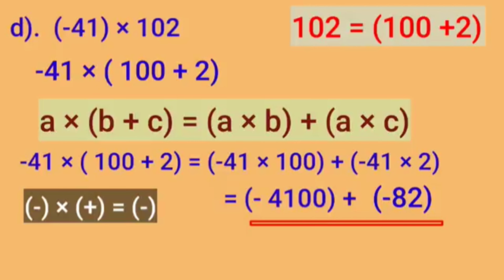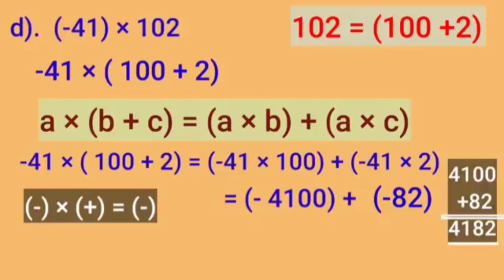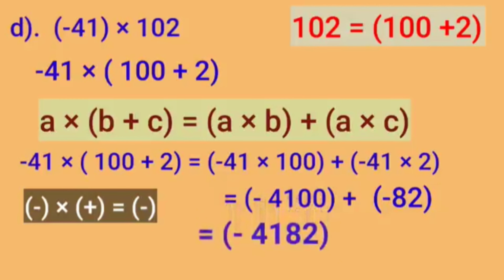Here both the numbers have the same signs. So add their absolute values and write the same sign in the answer. 4100 plus 82 is 4182. So the answer is minus 4182.